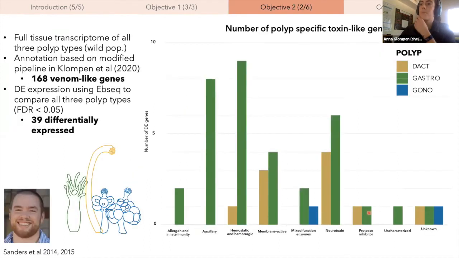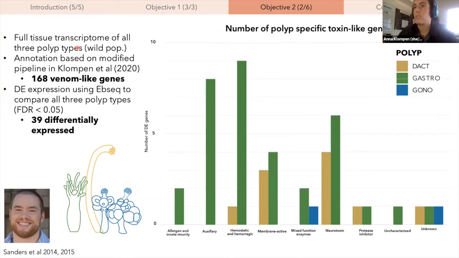In fact, that was an issue, or at least a question that kept coming up with some previous data that I've looked at. What I'm showing here is that we had really nice tissue-specific transcriptomes, and an alumnus of the lab, Steve Sanders, had a really nice full tissue transcriptome for all three polyp types from wild populations.